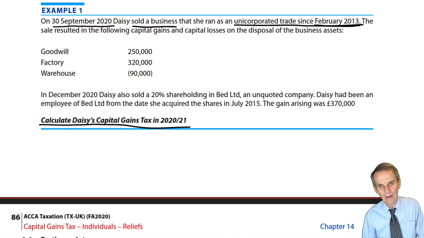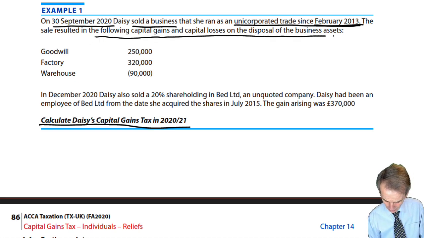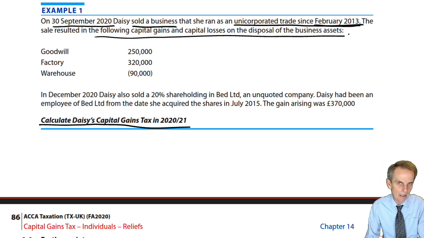Clearly, here Daisy has the 2-year qualifying period of ownership. The sale resulted in the following gains and losses on the disposal of the business assets. So it's a qualifying business we've owned for 2 years. We've got a disposal of the business, not just an asset that we happen to use within it.